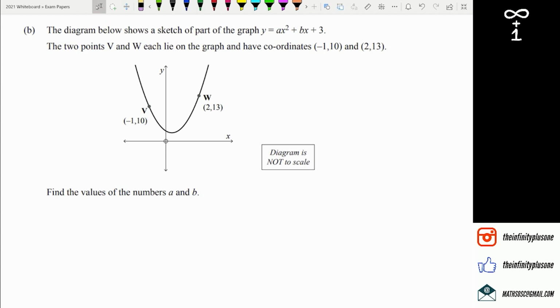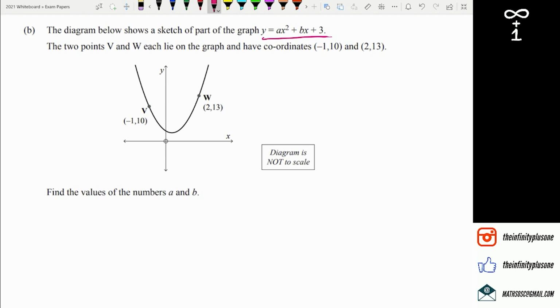So the first thing to notice is that what we have here is an equation of a parabola, which is given right there. And we've also been given a couple of points: -1, 10 and 2, 13. Using these 2 points, we need to come up with the equation for this particular graph.